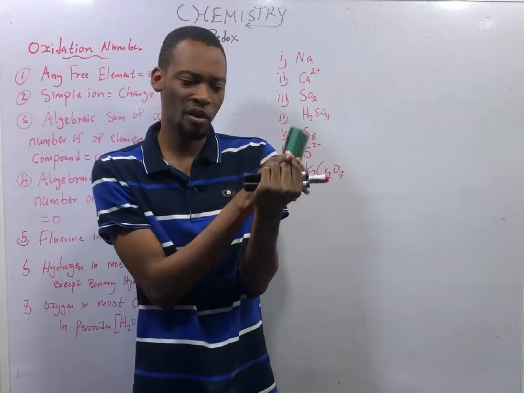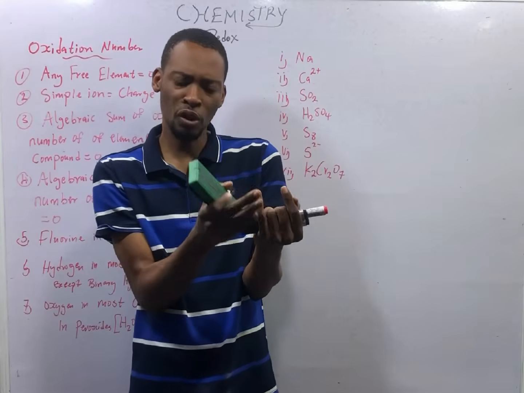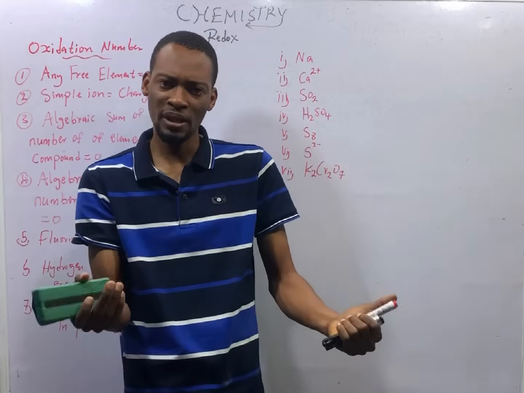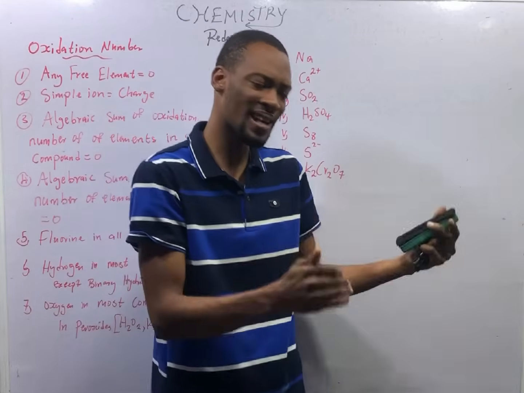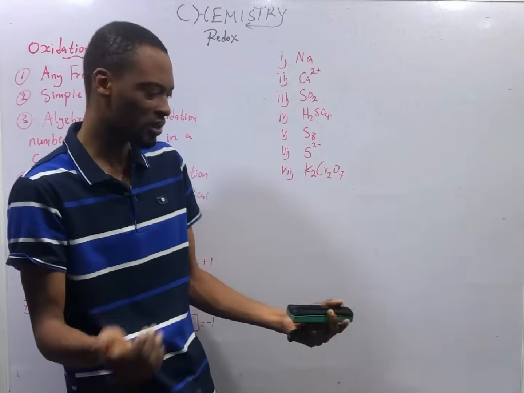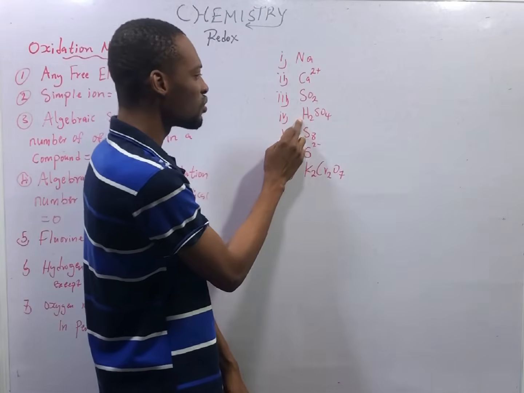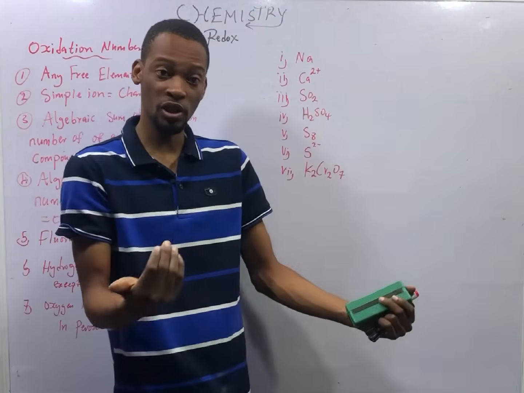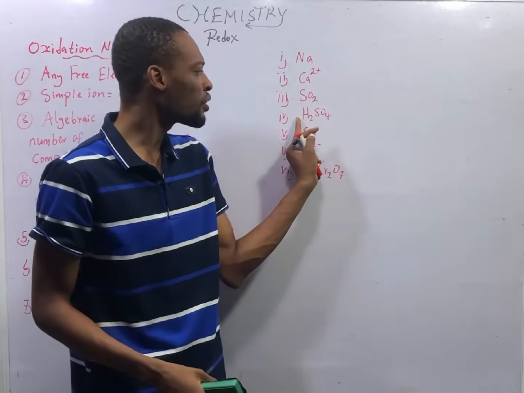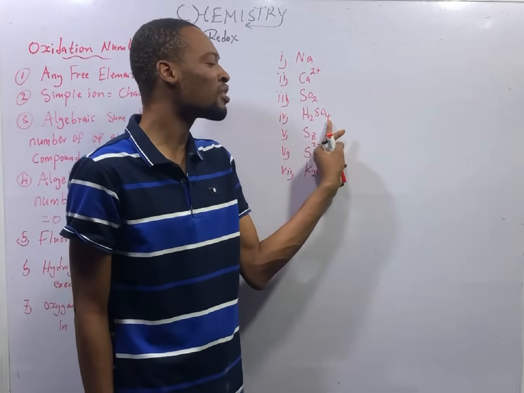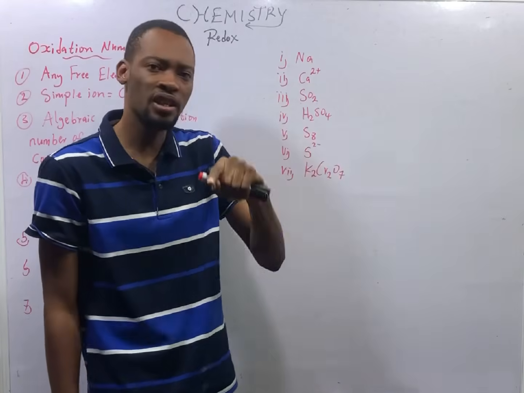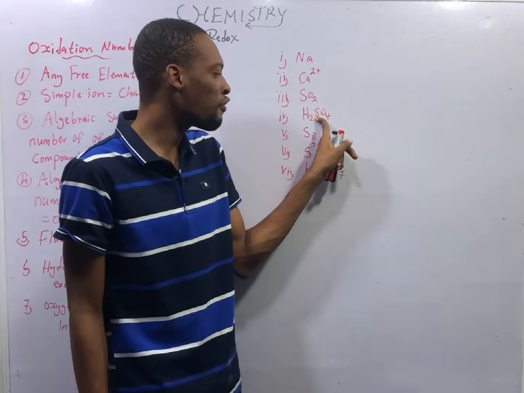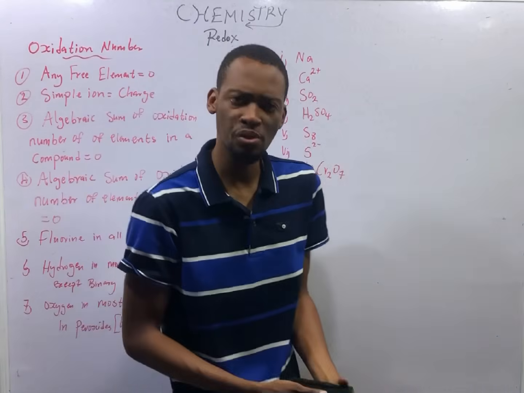We need to know the charge of hydrogen, the charge of some electronegative elements, the charge of some electropositive elements, so that we'll be able to find out the charge of other elements in the compound. For example, this is H2SO4. Hydrogen and oxygen are responsible for oxidation and reduction. So, if we know the charge of hydrogen and the charge of oxygen in compounds, it is easy for us to calculate the charge or oxidation number of sulfur.